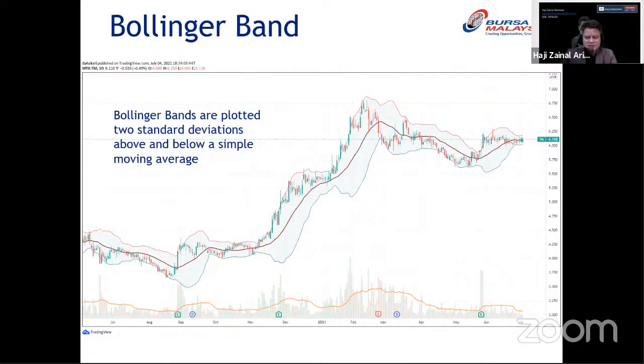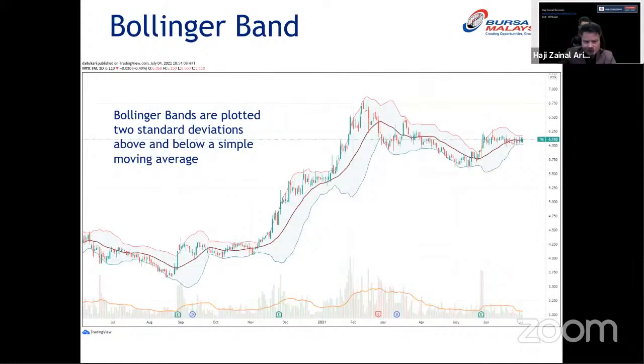He said he was actually looking for a way to measure the volatility of the market. So the purpose of the Bollinger Band is to measure the volatility of the market. That is the main purpose, at the beginning, but now there are a lot of ways to use the Bollinger Band.